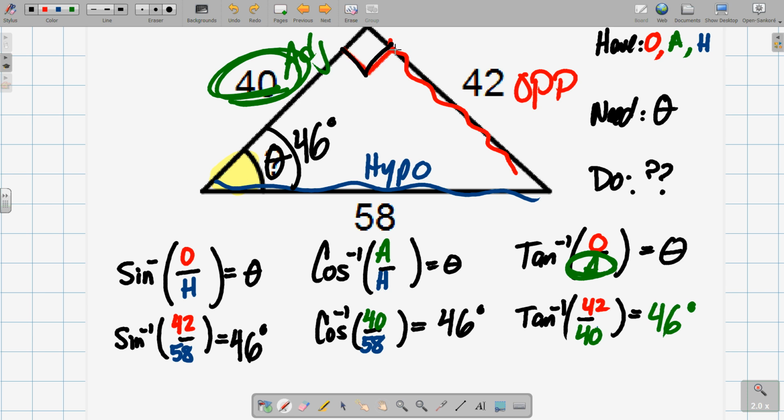So if this is 90, to get this angle over here, we're simply going to do 90 minus 46. And we get 44 degrees. Why go to the trouble of doing inverse SOH CAH TOA if you can simply subtract from 180?